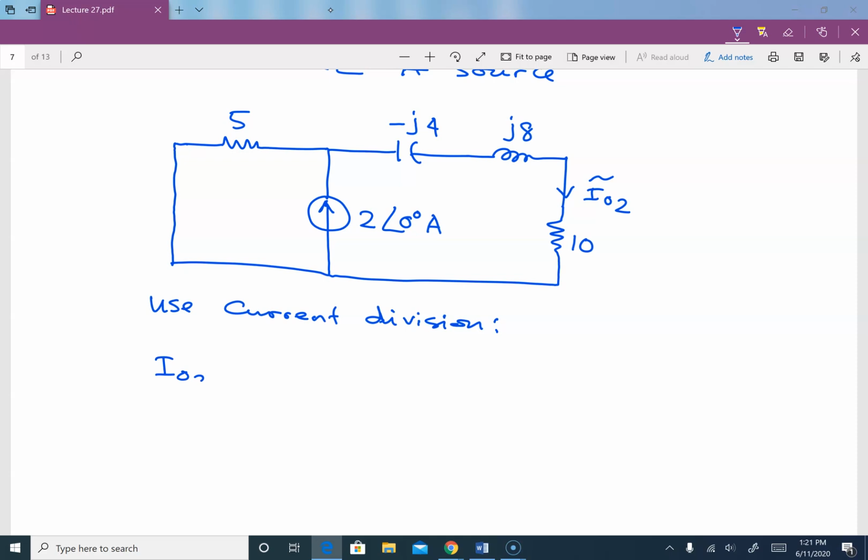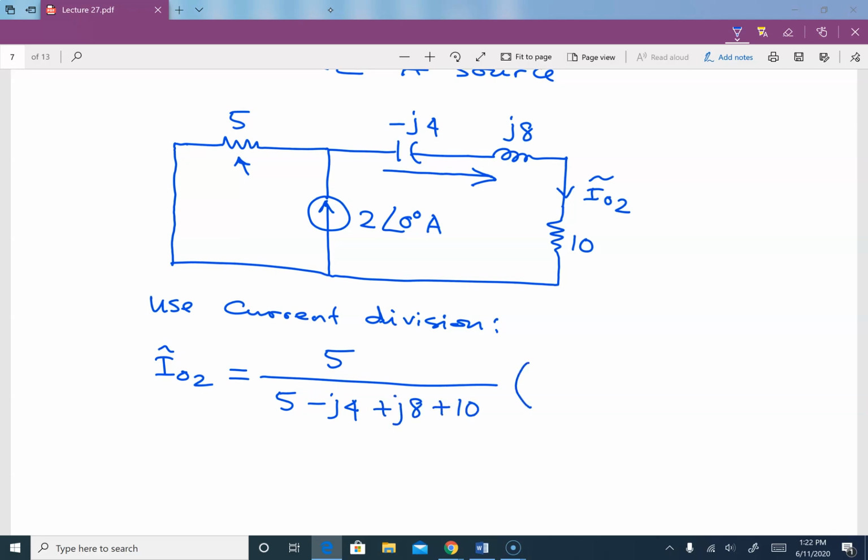Since we have only 2 branches in parallel and need to find the current here, I will take this resistor divided by the total, which is 5 minus J4 plus J8 plus 10, multiplied by the total current, which is 2 with angle 0.